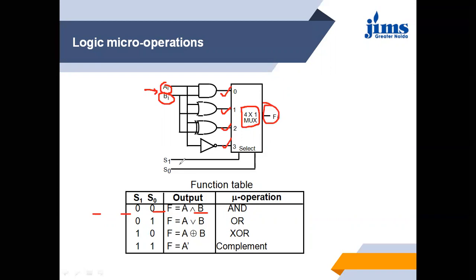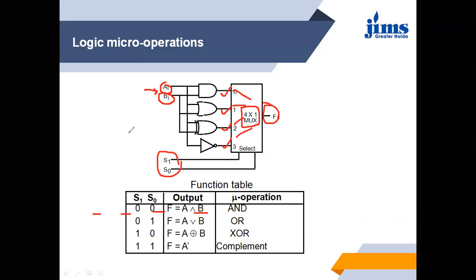These two are selection lines, meaning which operation we have to select. On the output it will be 0 or 1 or 2 or 3. It will depend on the selection lines.